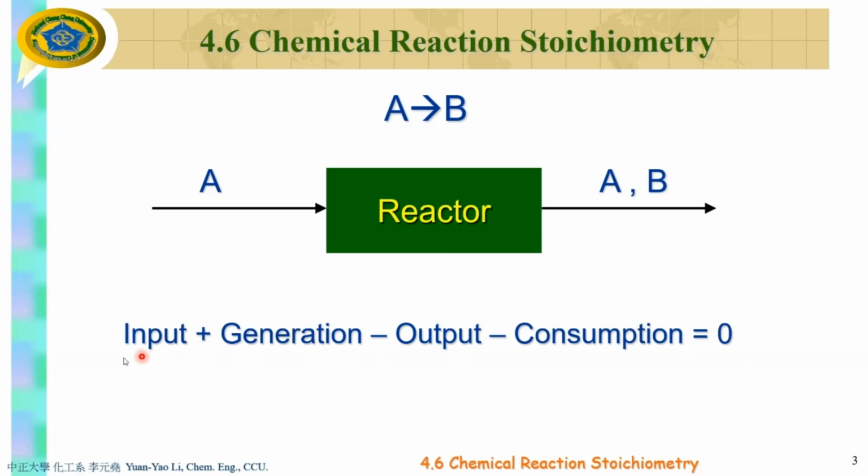So the general balance equation becomes input plus generation minus output minus consumption equals 0, because it is supposed to equal accumulation, but as I just told you, this is a steady state process, so we remove the accumulation term.